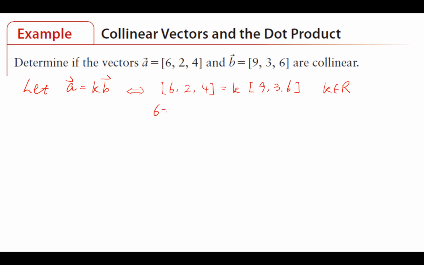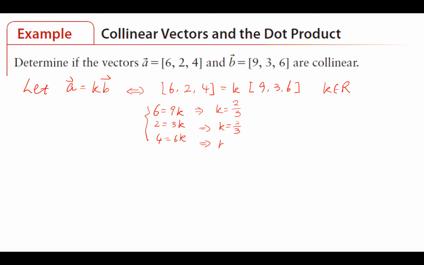Therefore, we know 6 equals 9k, 2 equals 3k, 4 equals 6k. The three equalities must be satisfied at the same time, right? So the first one gives us k equals 2 over 3. The second one also gives us k equals 2 over 3.